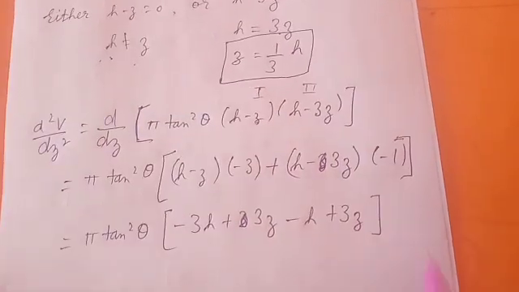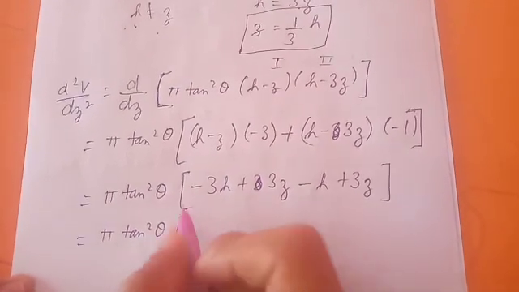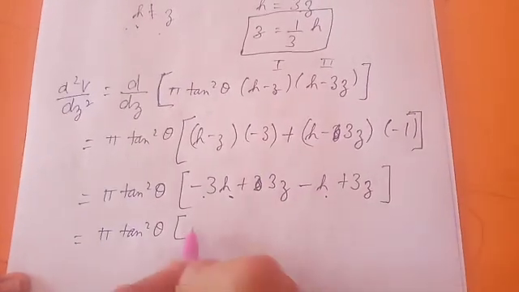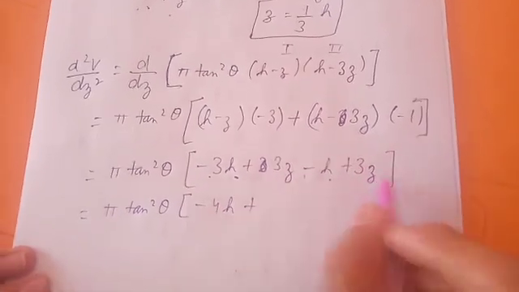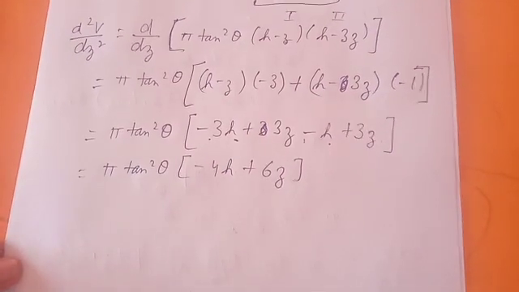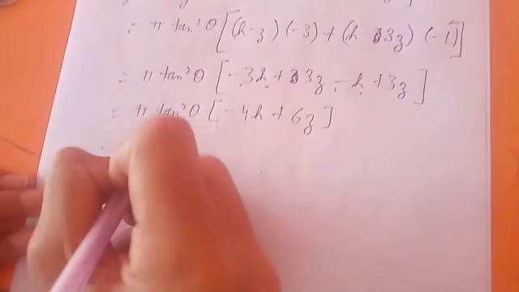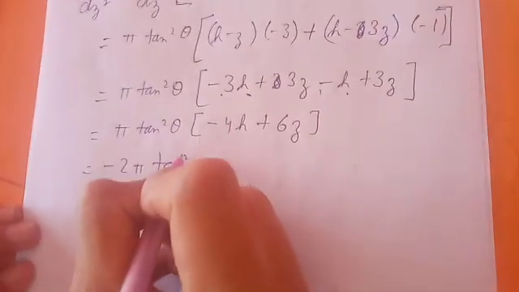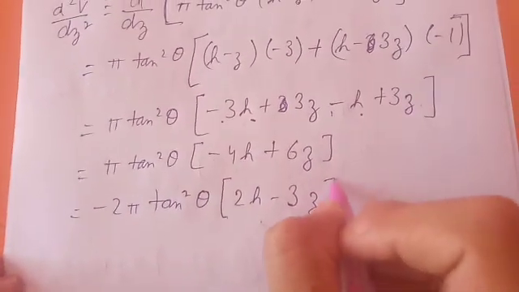Okay, so what we get? Pi tangent square theta into (minus 3h minus h, that is minus 4h, plus 3z plus 3z, that is 6z). What we can do? We can take minus 2 common from here, so we get minus 2 pi tangent square theta into (2h minus 3z).